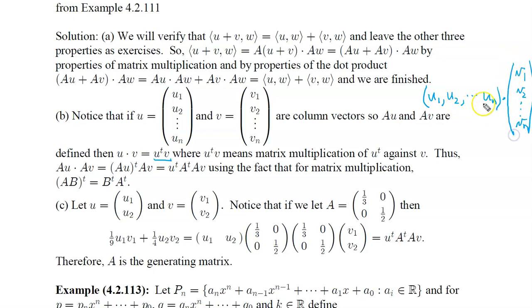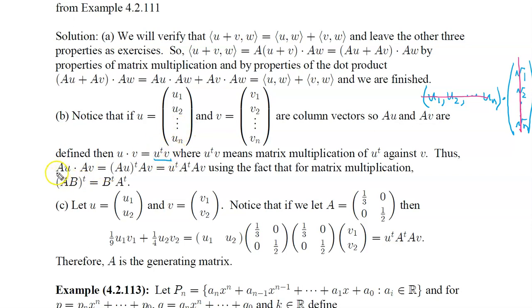okay, now this is a form where we can do matrix multiplication. We take this row times this column, and you get u1 times v1 plus u2 times v2. In other words, you're getting the dot product. So we see that we can write the dot product of u with v as just u transpose times v.